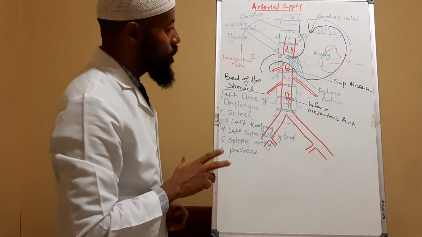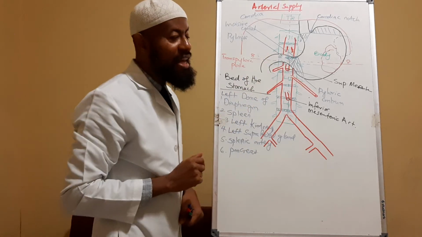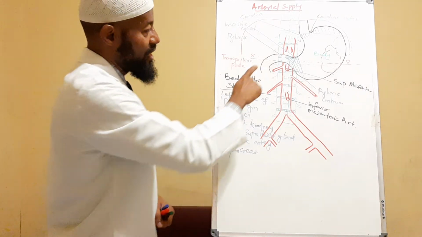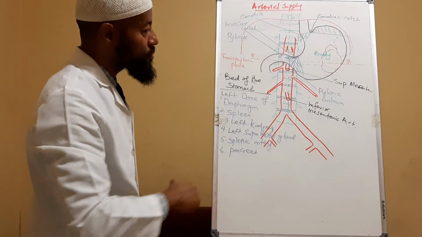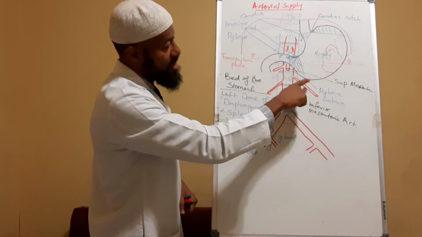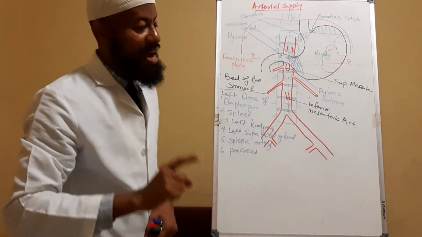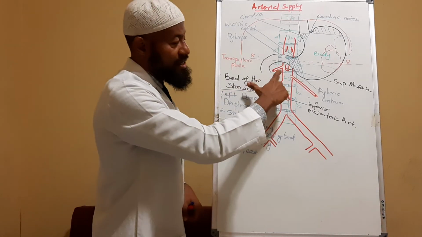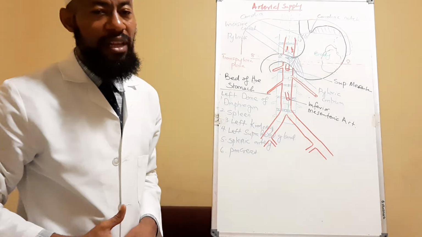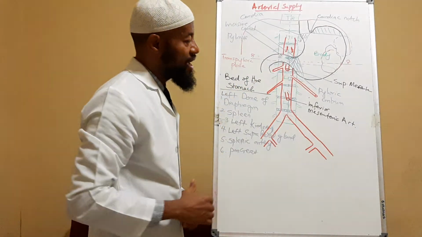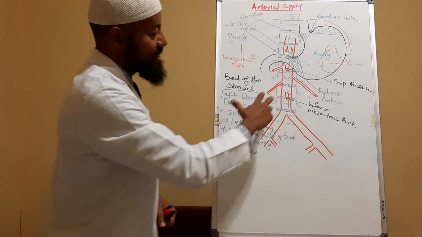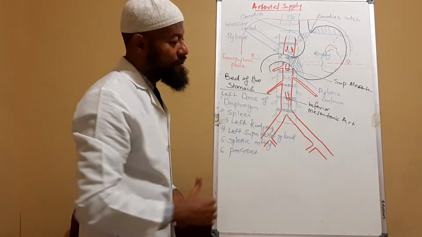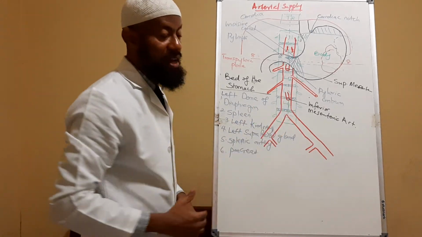Now the first thing you should know is that the celiac trunk branches from the abdominal aorta at the level of T12, and the superior mesenteric artery branches at the level of L1. At the same time, the left and right renal arteries branch at that level, and the testicular or ovarian artery branches at the level of L2, and the inferior mesenteric artery branches at the level of L3.